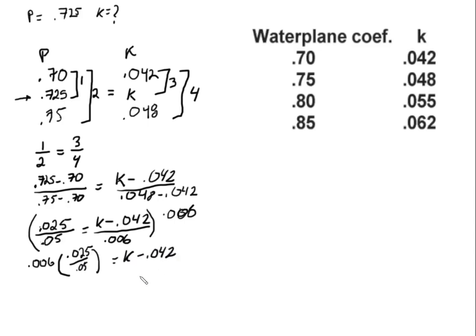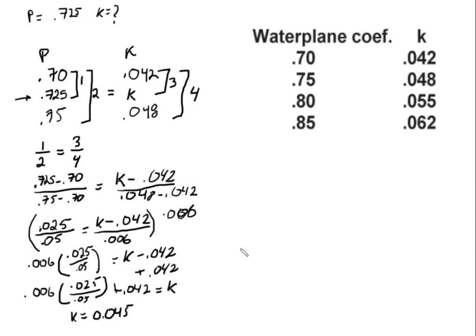Now I've got to get rid of the 0.042, so I add 0.042 to both sides. This becomes 0.006 times 0.025 divided by 0.05 plus 0.042, and that equals K. After I do all that math, K equals 0.045.